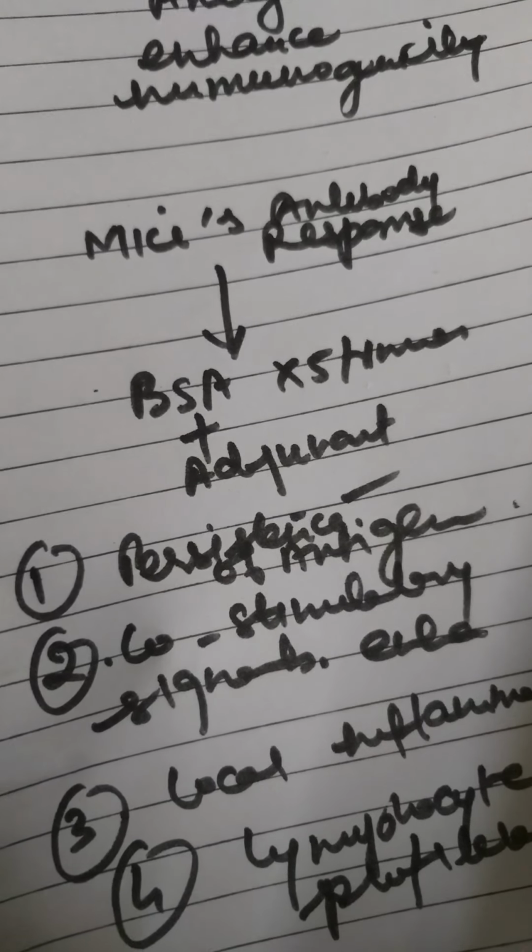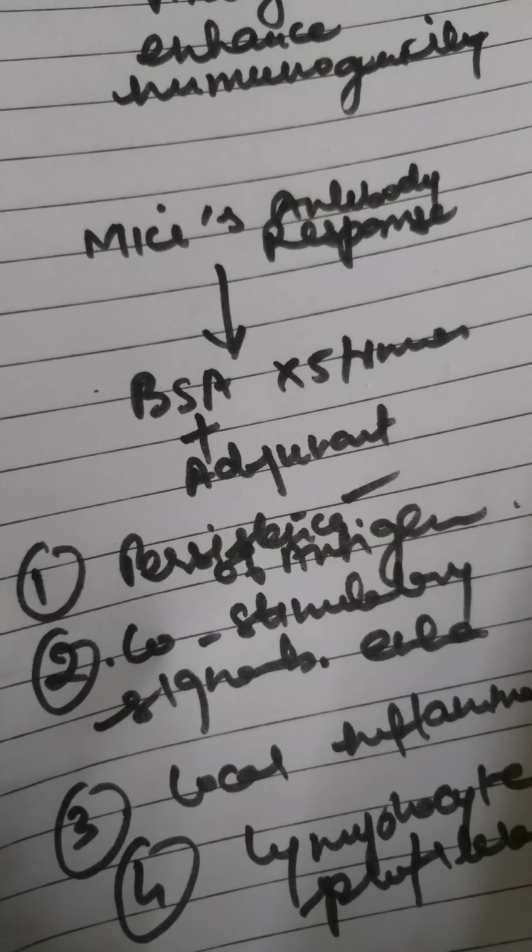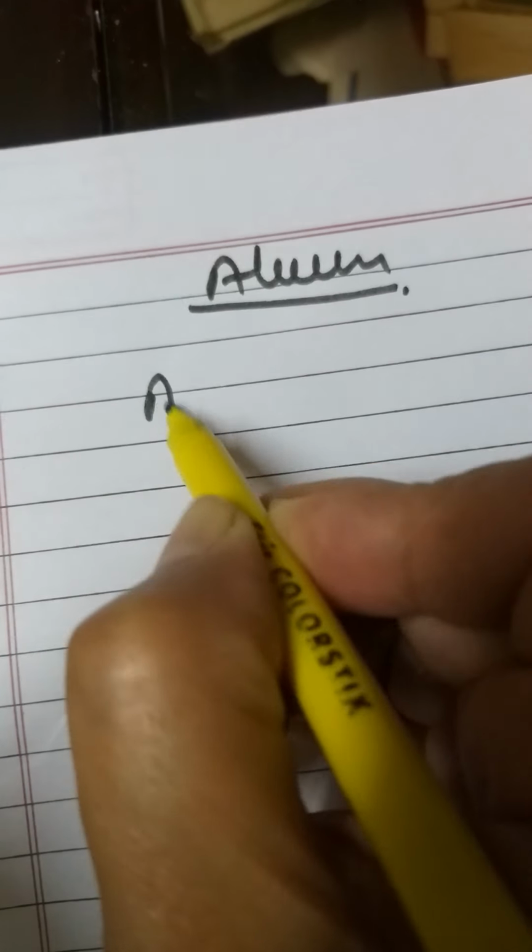Further, let us take certain examples of adjuvants. One example of such an adjuvant is alum. Alum is aluminium potassium sulfate.